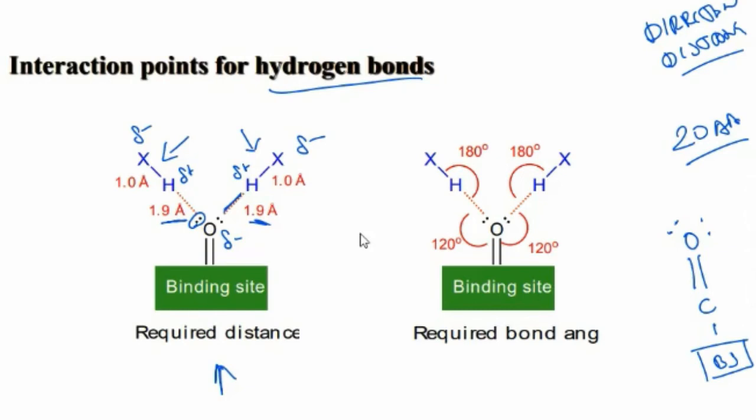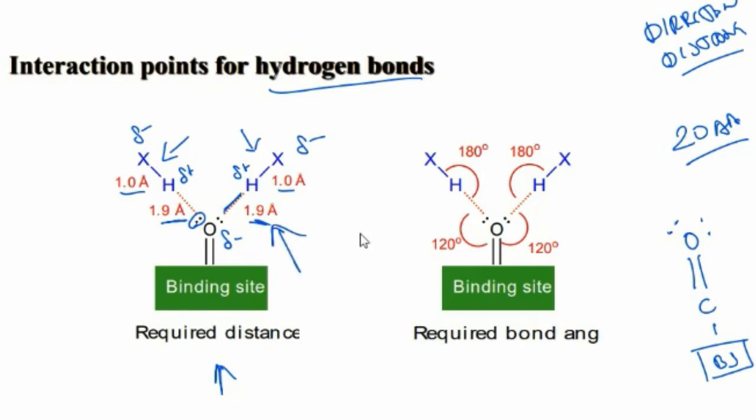So distance is important. If the distance is larger, then they may not participate in the hydrogen bonding interaction. The distance between this X and H is 1.1 angstrom, and this X to H is again 1 angstrom. So here it indicates it is distance based.